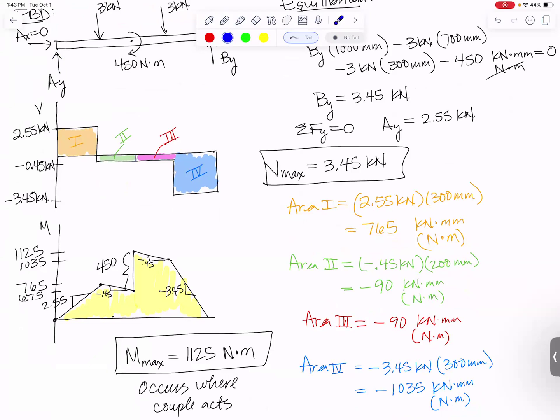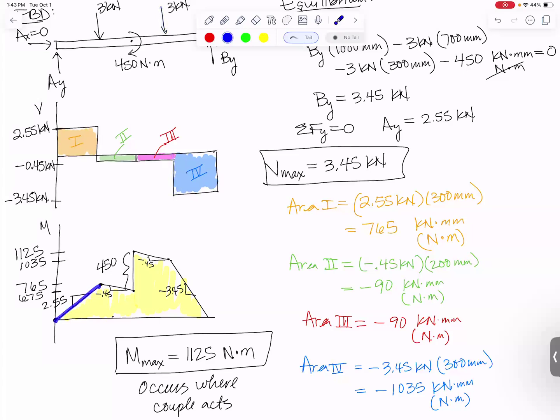But when we go to draw our moment diagram, that point couple, we treat it kind of like a point load where a clockwise couple is going to cause our moment diagram to jump upward, just like an upward force caused our shear force diagram to jump upward, and a downward one caused a downward jump in that diagram.